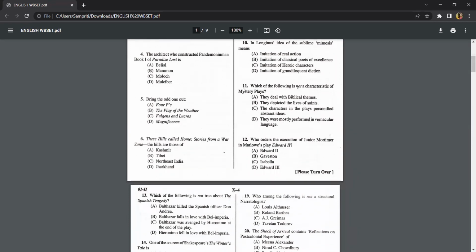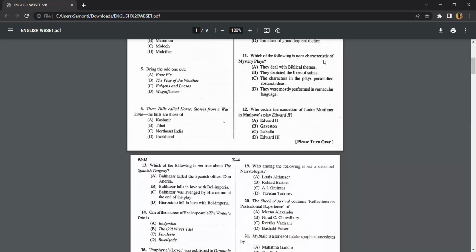All right. 11. Which of the following is not a characteristic of the mystery plays? They deal with biblical themes. Of course, they do. They depicted the lives of saints. The characters in the plays personified abstract ideas. Well, in miracle plays, they did, sometimes in mystery plays also.